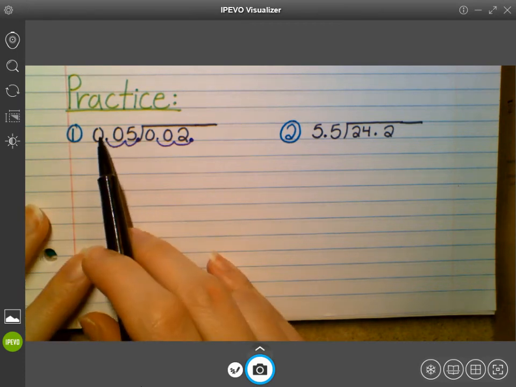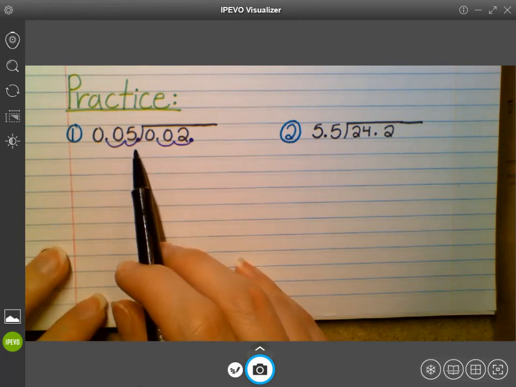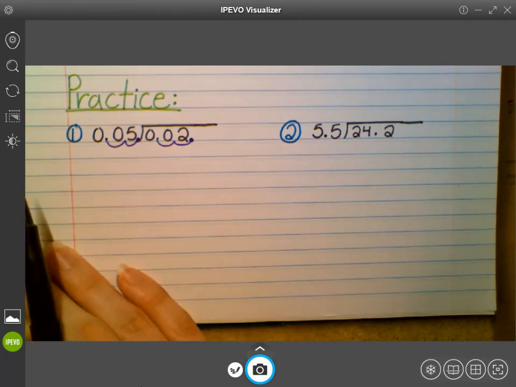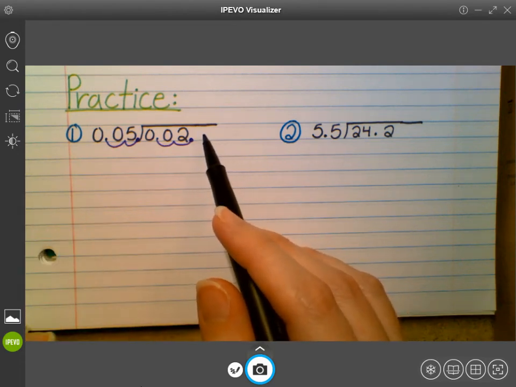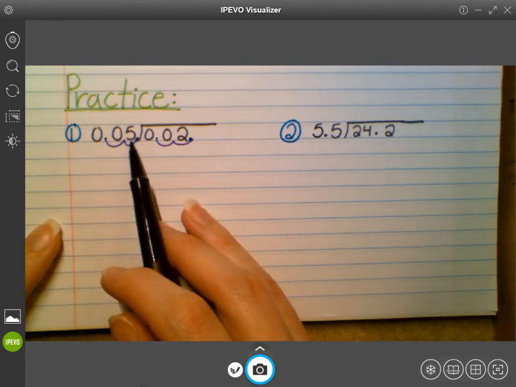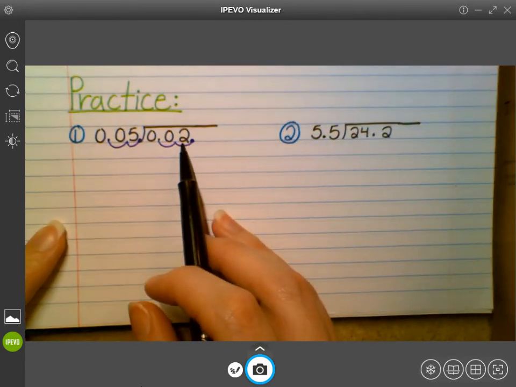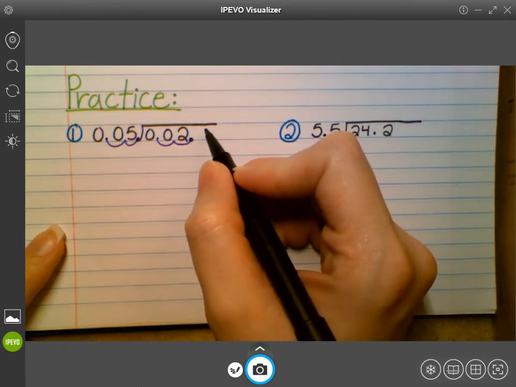So when we moved those decimals in number 1, we suddenly had 2 divided by 5, which some of you are like, Miss E, we can't do that. But what can we always add after a decimal if we need to? A 0. So 5 can't go into 2. Since we have a decimal here, I can add a 0 right after it.